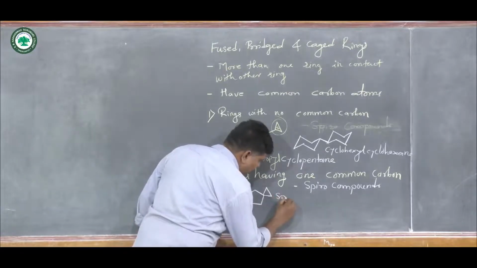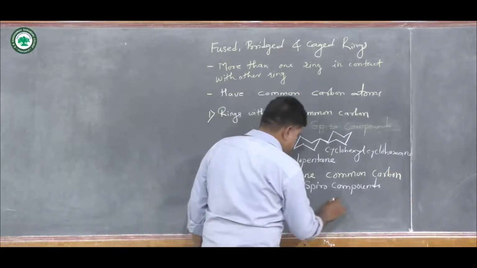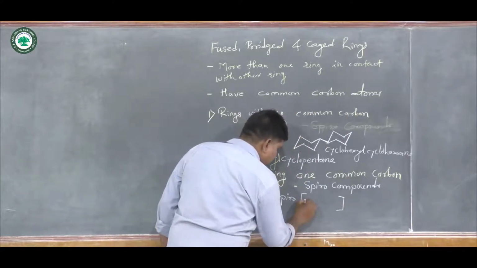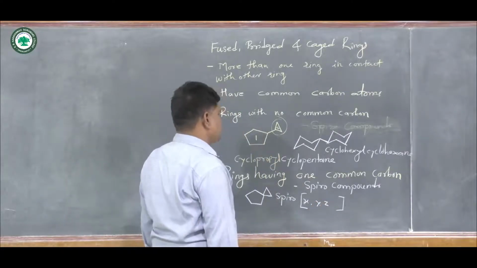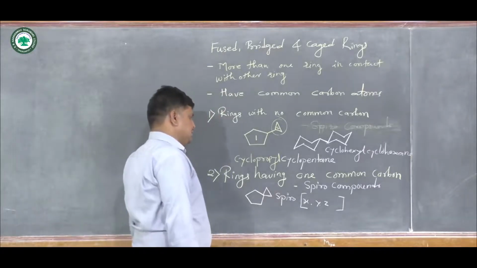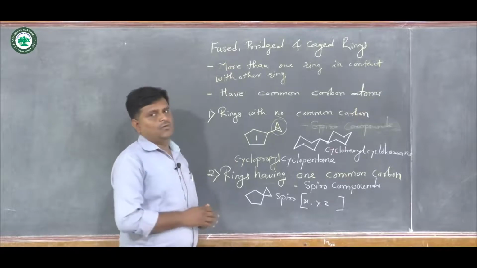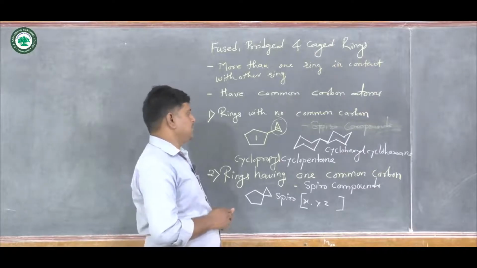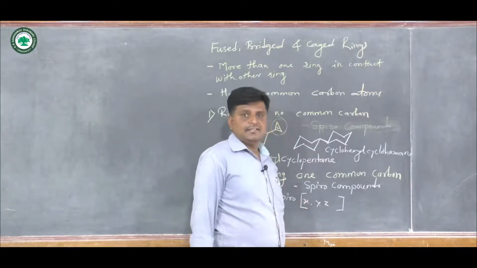Here we write spiro first, and in brackets we write X, Y and Z. If your compound contains more than one ring, we write these numbers X, Y and Z.